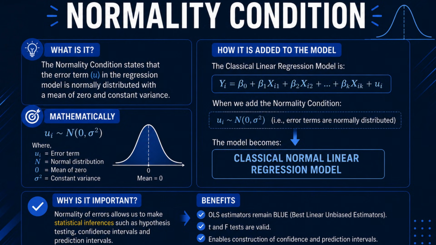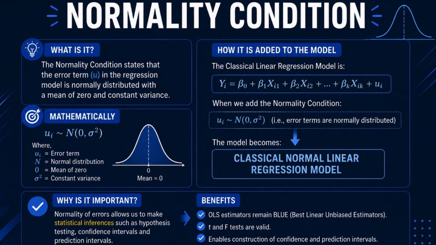Instead, normality becomes particularly important when we want to make exact statistical inferences in finite samples. For example, suppose we estimate a coefficient and want to know whether that coefficient is statistically different from 0. We may want to perform a t-test. Or perhaps we want to test whether several coefficients are jointly significant using an F-test.